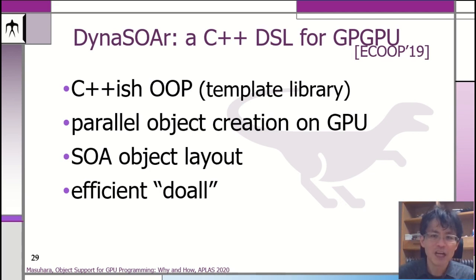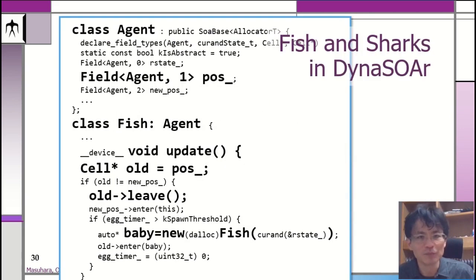Let's see what a Dinosaur program looks like through an example. This is a part of a fish and shark simulation written in Dinosaur. I'm only showing two classes, namely agent and fish.